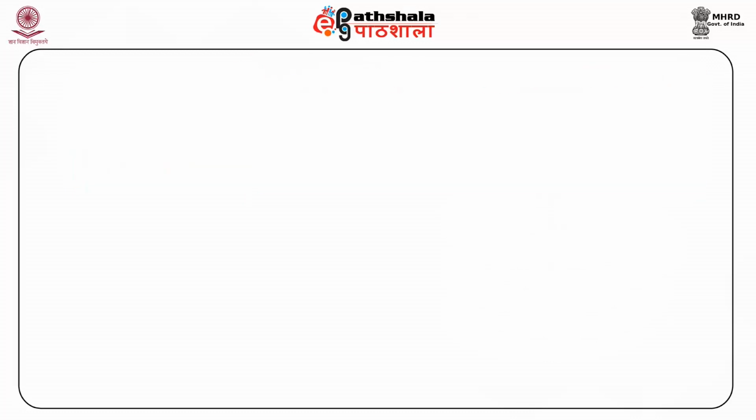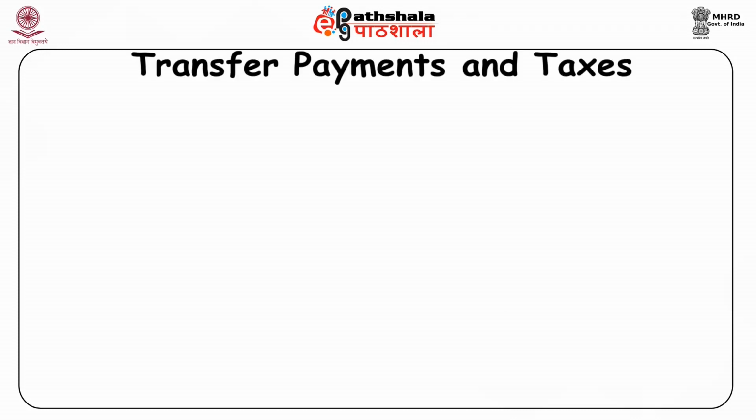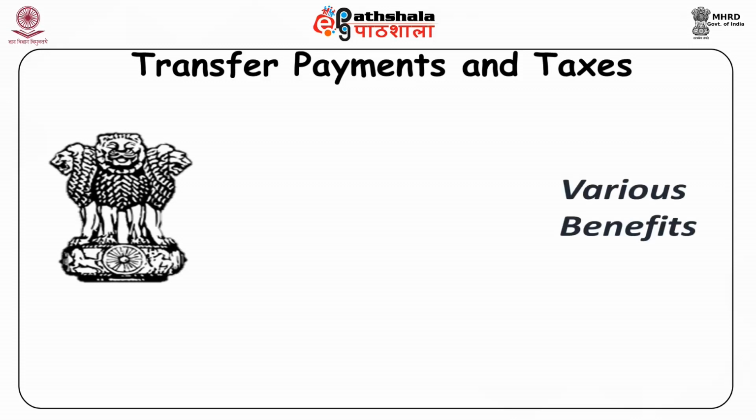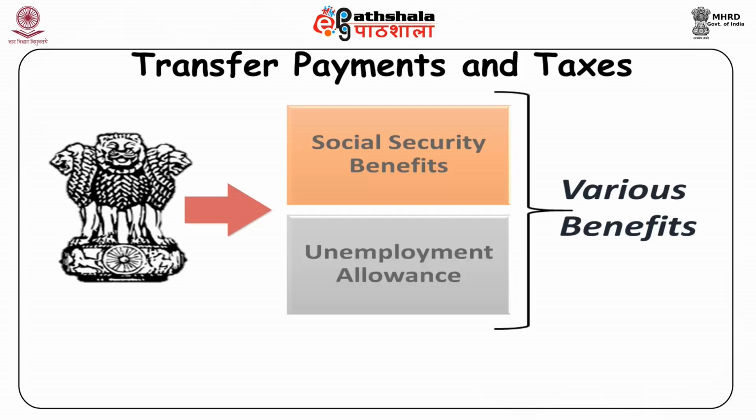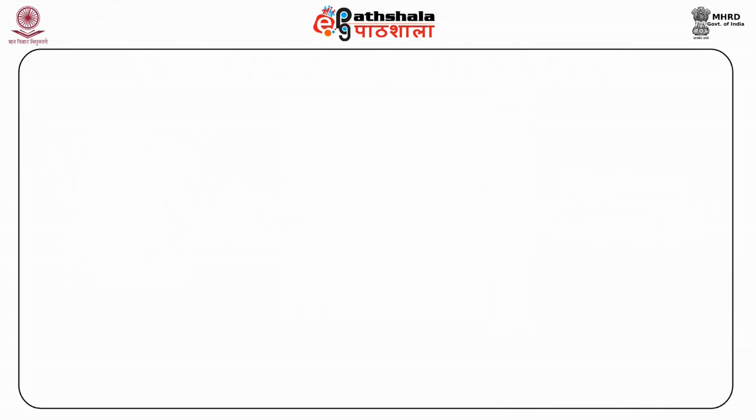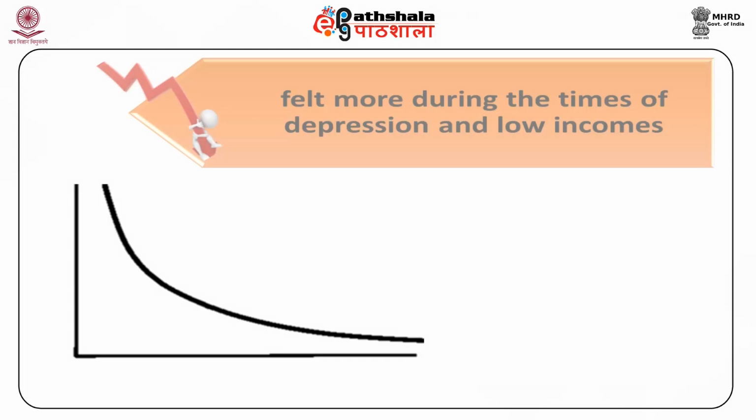Another component is transfer payments and taxes. The transfer payments, denoted by TR bar, are unilateral payments made by government in the form of various benefits and allowances, such as the Social Security benefits or unemployment allowance. The desirability of such payments is felt more during the times of depression and low incomes.